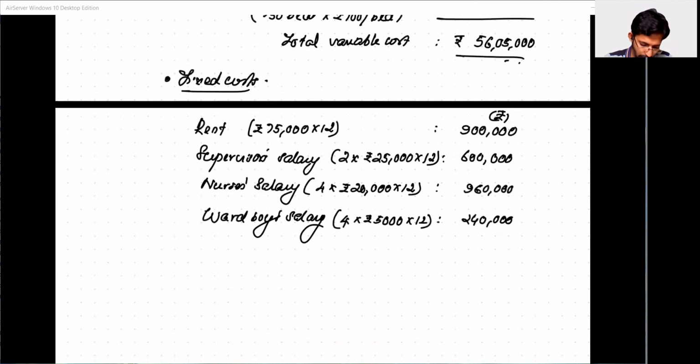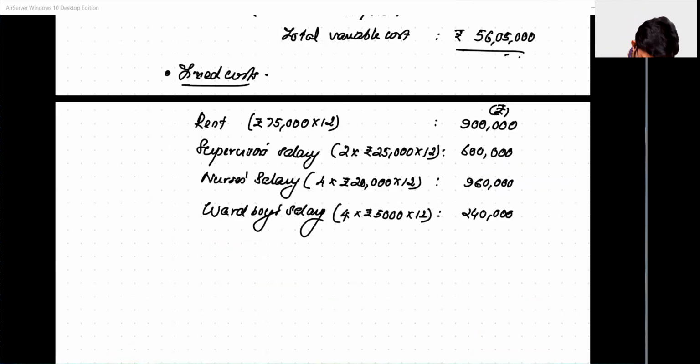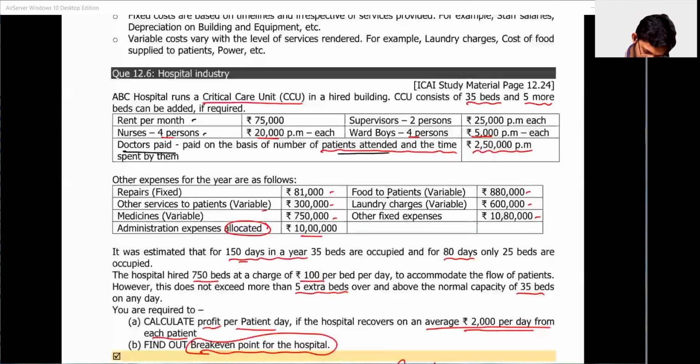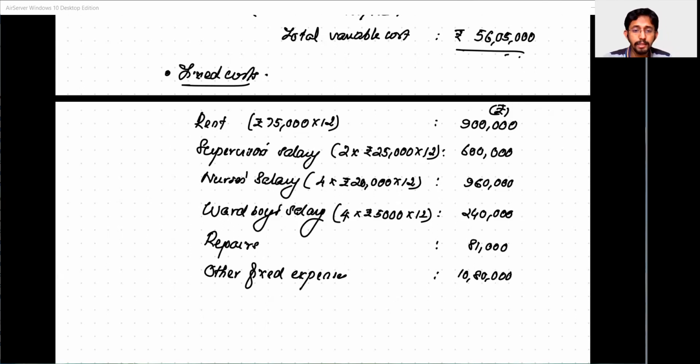Okay. Now others, you have the repairs fixed 81,000. Repairs will be 81,000. Then you have the other fixed expenses 10,80,000.